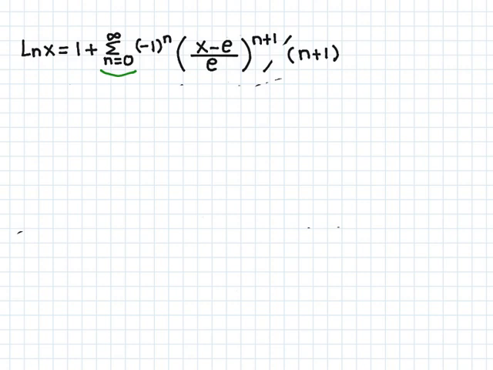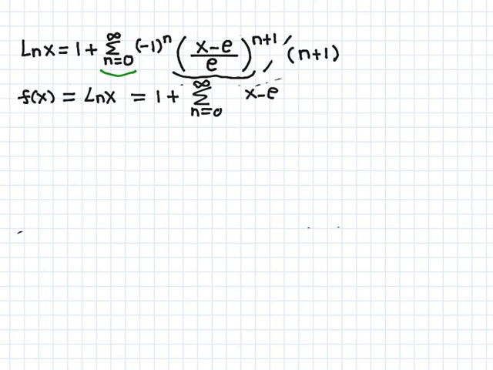Let's simplify this. We get f of x is equal to log x. This is equal to 1 plus summation n equals 0 to infinity. And we can write this part here, x minus e divided by e to the power of n plus 1, as x minus e to the power of n plus 1 divided by e to the power of n plus 1.